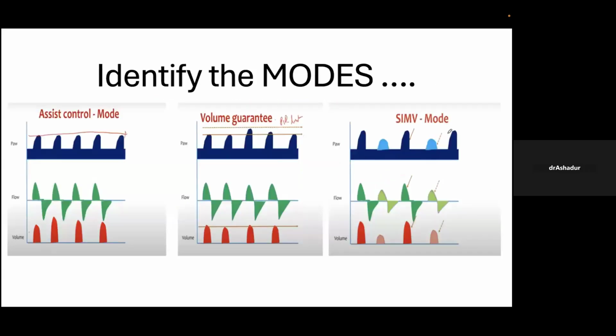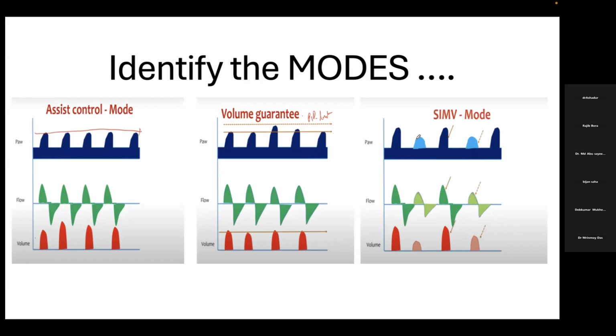So how all these pictures can help us to know, yes, the patient is extubated. We can also identify the modes by just looking at the picture. If we find that the pressures are always the same, probably this is a pressure control mode. If we see that the pressures are differing, probably this is a volume guarantee mode. In SIMV mode, mechanical breaths have more height. Patient triggered breaths have less height. And how does that help?